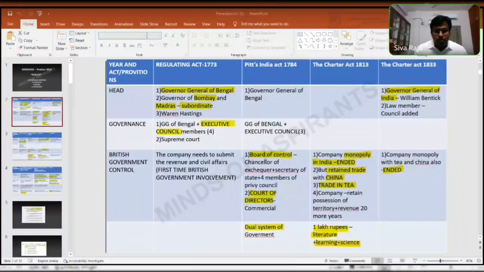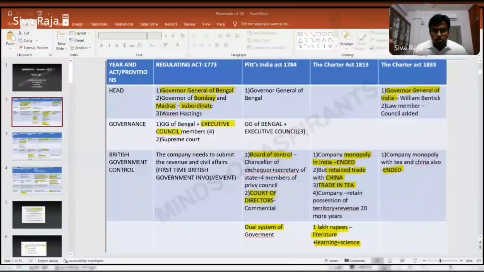Regulating Act on the first slide, it should be visible. That is the Regulating Act of 1773. Please do check it, because I'll keep explaining. If it is not there, please do tell me.